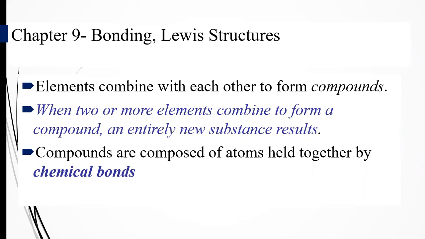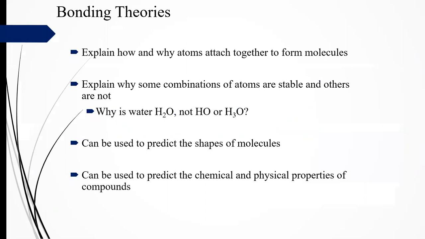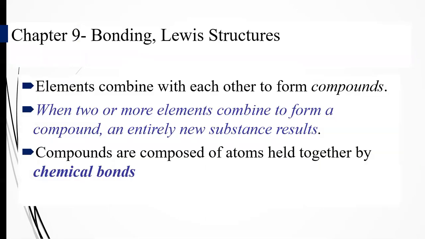bonds form. Bonds happen because when elements combine, they combine to form compounds. A compound is any type of material where we have two or more elements coming together. The neat part is that each of those compounds can have entirely different characteristics from the elements that they're starting from.